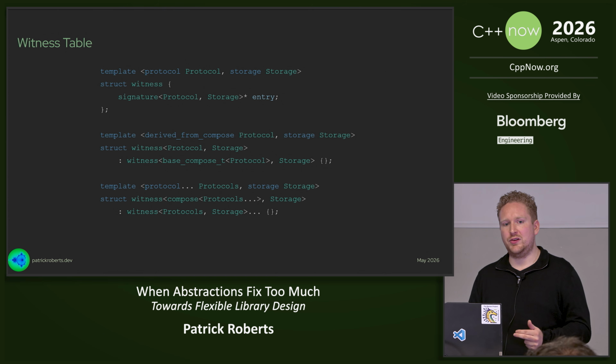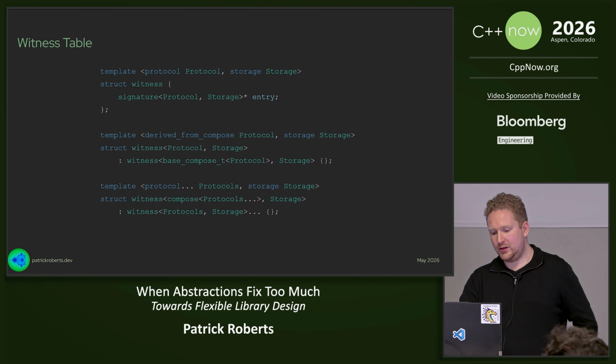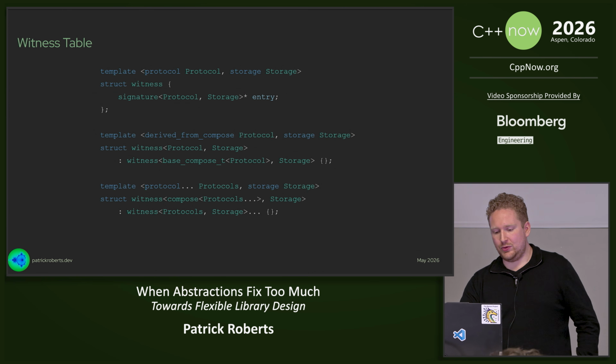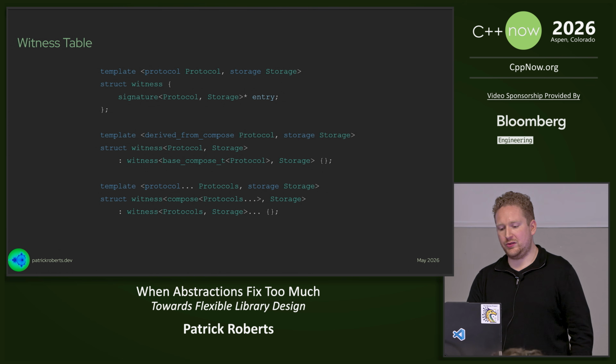The other thing about witness tables is they don't belong within the class layout of the concrete type. They go outside of the class layout of the concrete type, so they're external to it. I kind of skipped over this quickly, but it also has the same partial specializations to compose over multiple capabilities like the iFace did.